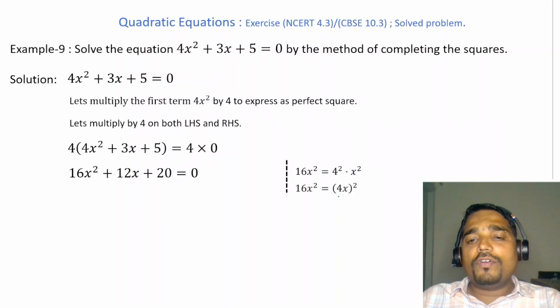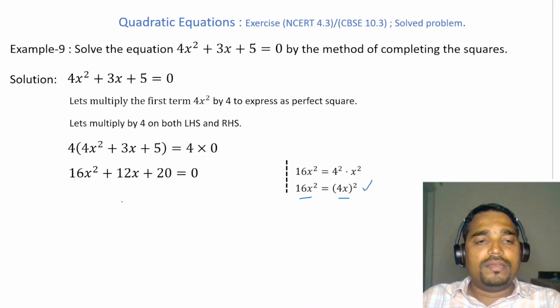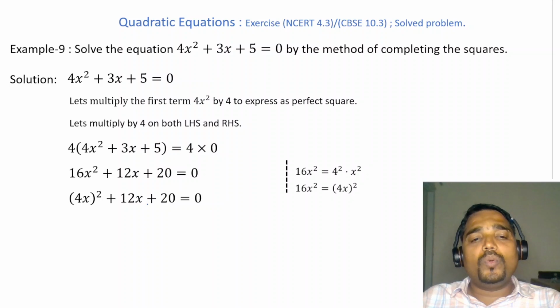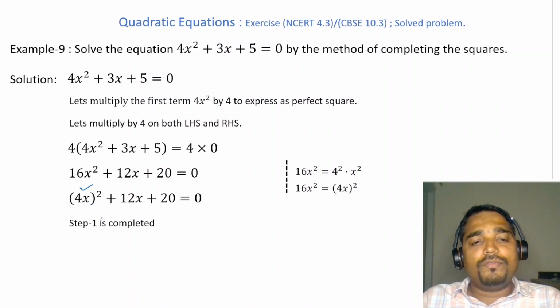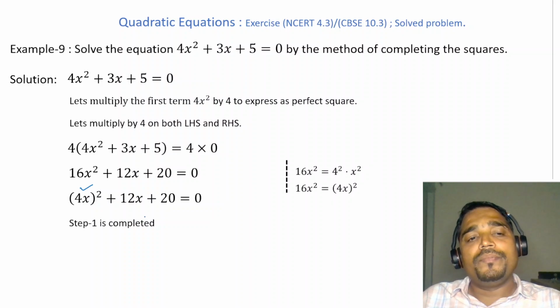Because the term 4x has a whole square, 16x square is expressed in the form of 4x whole square, which is a perfect square. Let's replace the first term 16x square with 4x whole square. So 4x whole square plus the remaining two terms as they are, equal to 0. This completes step number 1, to express the first term as a perfect square. 4x whole square is a perfect square. Therefore, step number 1 is completed.